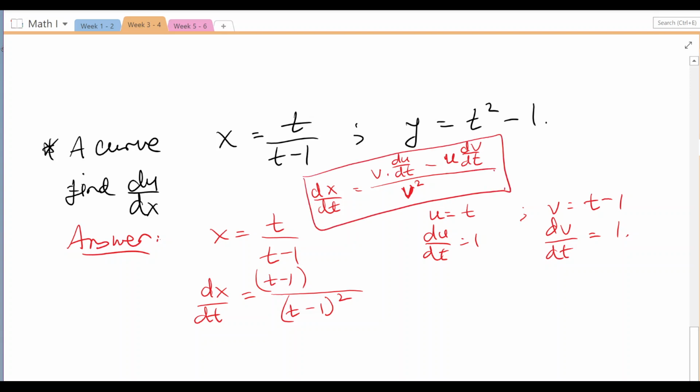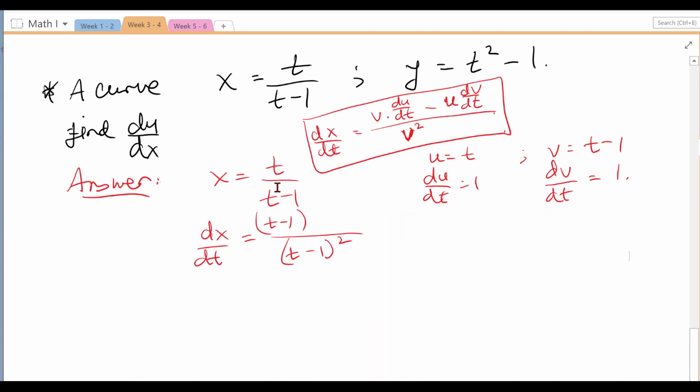Sorry about this, just a reminder. So by applying this formula, v, which is t minus 1, times du dt, which is 1, minus u, which is t, times dv dt, which is 1, over t minus 1 squared.